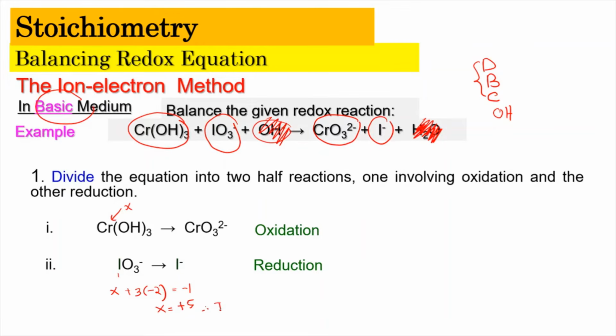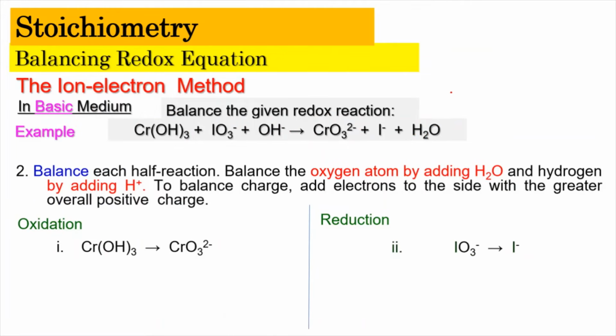So I know that the oxidation number going from plus 5 to minus 1 has decreased, so I know that it is a reduction. When one equation is reduction, the other equation is automatically going to be oxidation, and you can prove it by yourself.